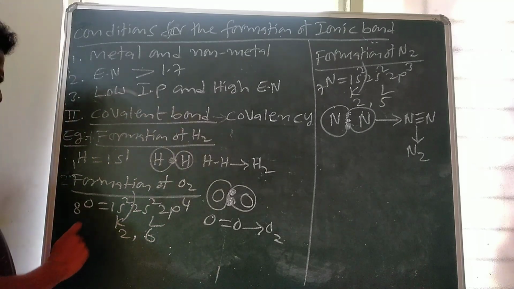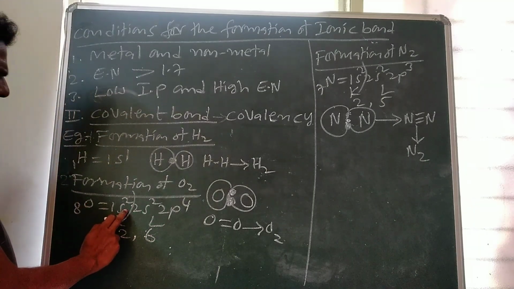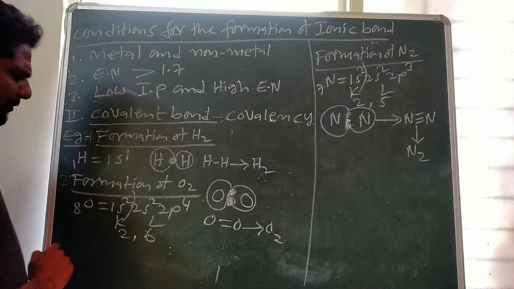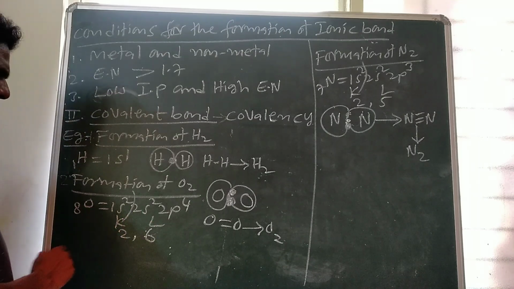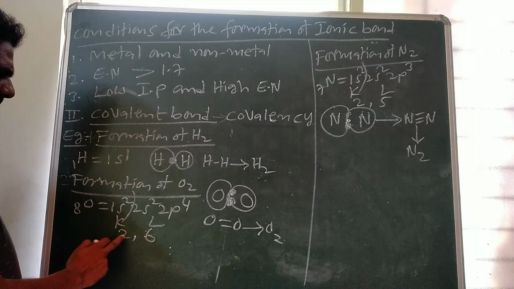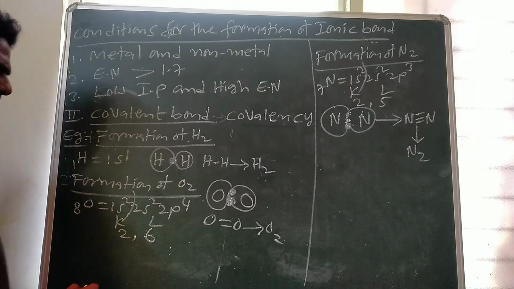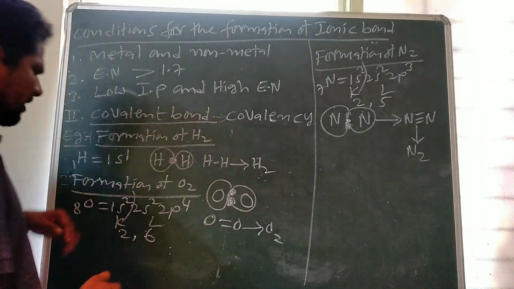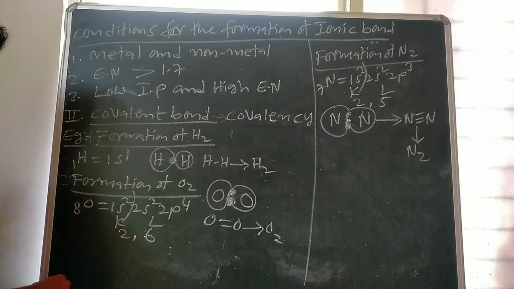Second one, formation of the oxygen molecule. Oxygen has atomic number 8, electronic configuration 1s2, 2s2, 2p4. These are divided into shells: 2 electrons in the K shell, 6 electrons in the L shell. Another oxygen also has 8 electrons.